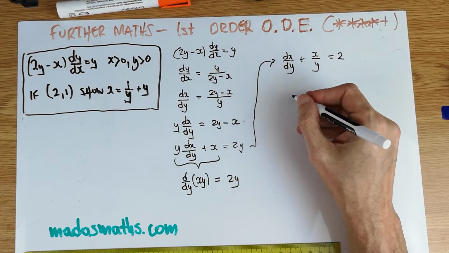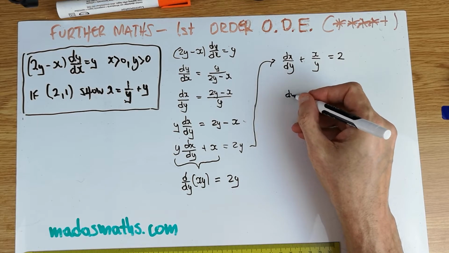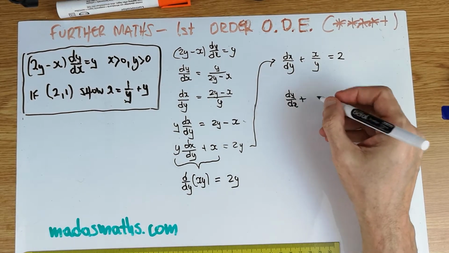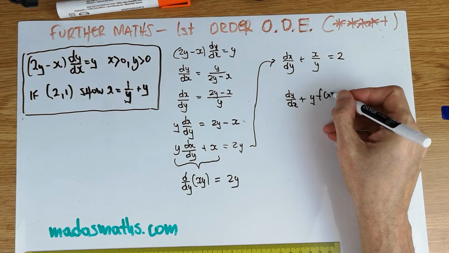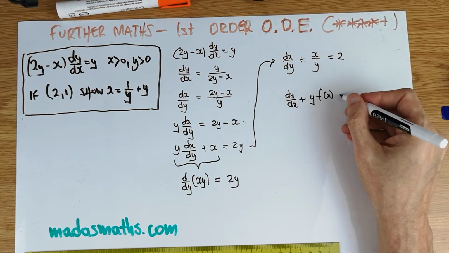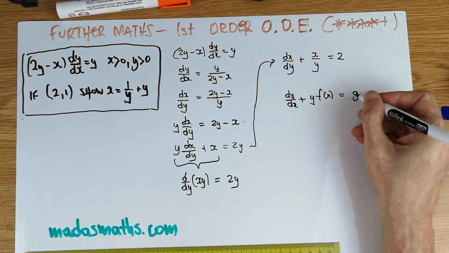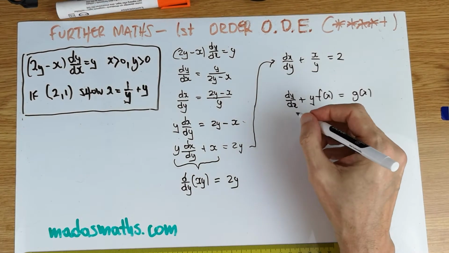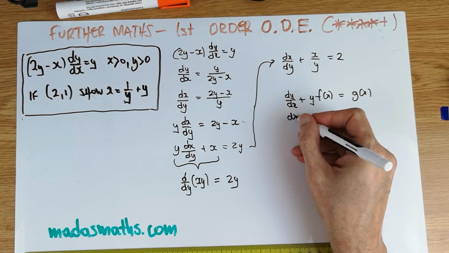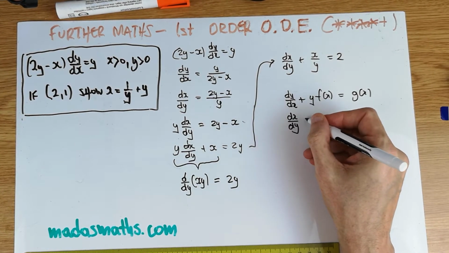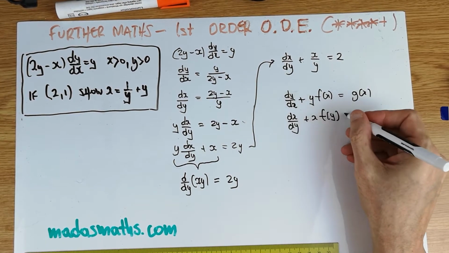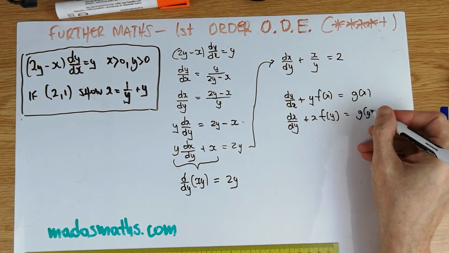Why is that? It's because the standard first order differential equation is dy by dx, not dx by dy, plus y f of x is equal to some function of x. So if we look at swapping x and y's here, we have dx by dy plus x f of y is some g of y.